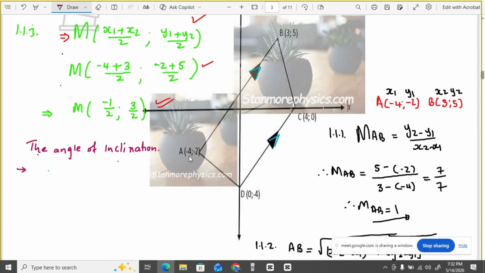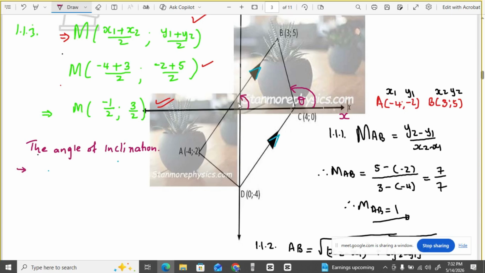So look at this. Angle of inclination, it's an angle that moves from the x-axis to a certain line. So if I draw this like this, you'll see in an exam, they'll put an angle here and they'll say, find that angle of inclination. Let's say I put a line like this.